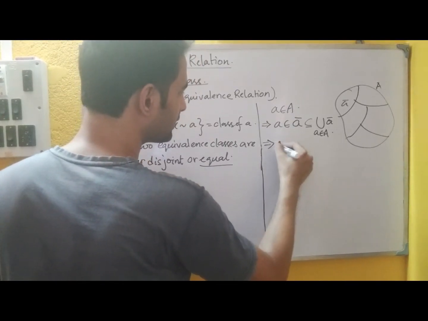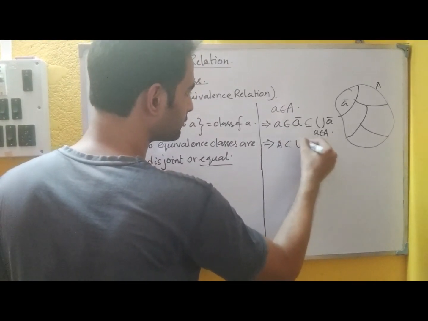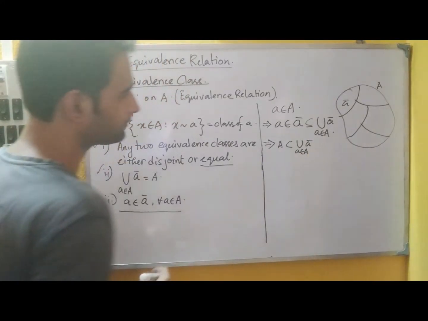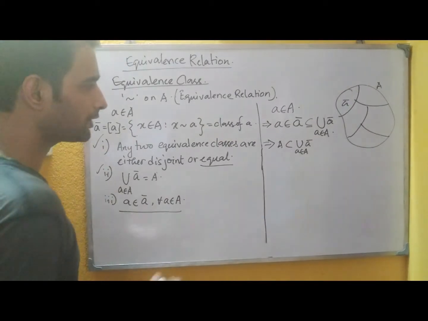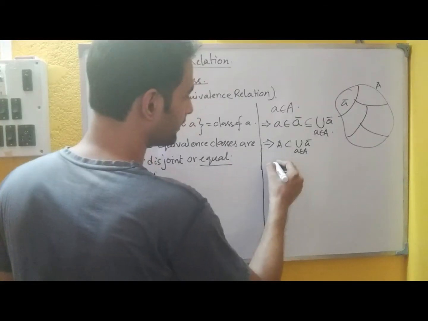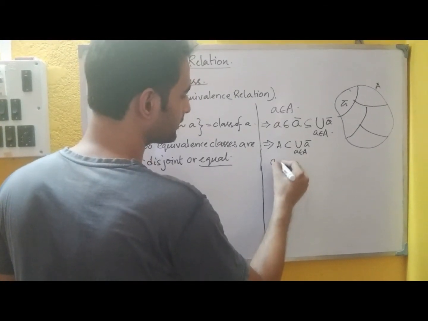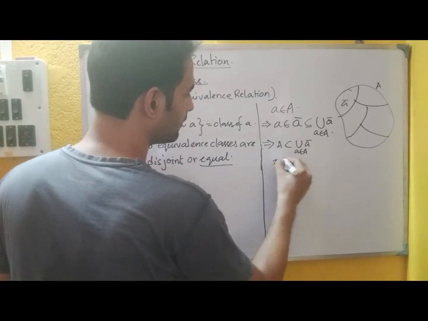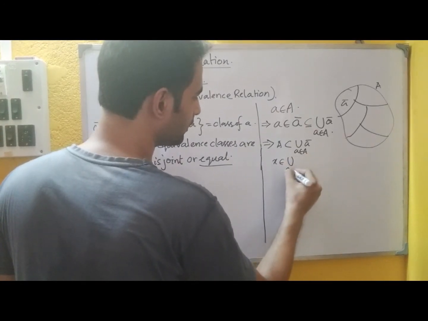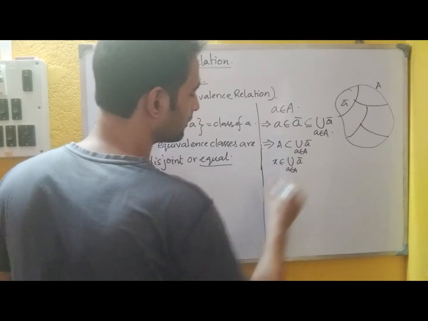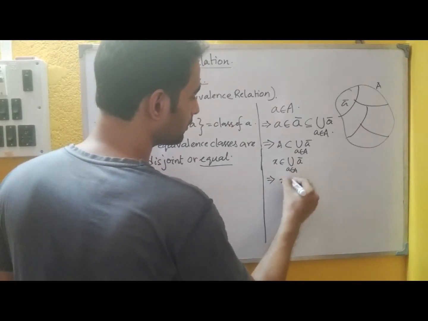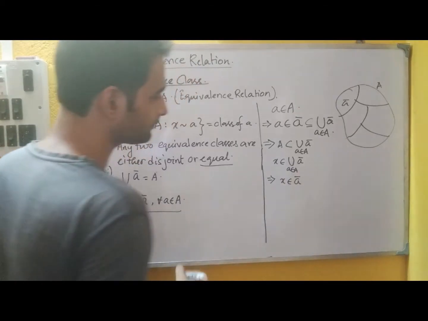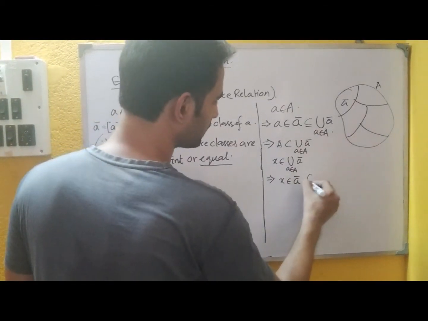So from here we can say that A is a subset of the union. And for the reverse inclusion, we take some element, say x, from the union of all the classes. Then it must belong to some class a.